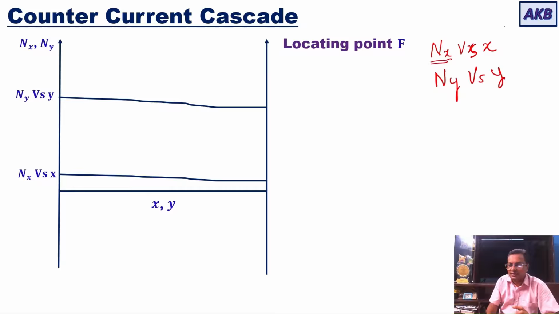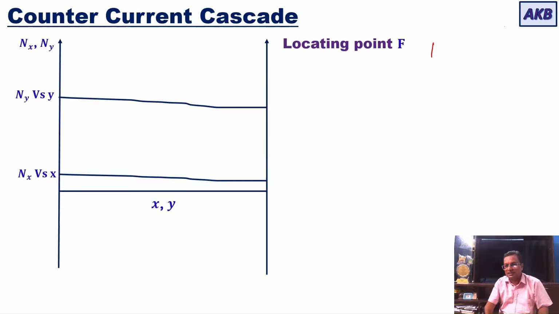And if the overflow is not containing any solids in it, that is all Nx are 0, in that case Nx versus X curve will coincide with the x-axis. But in order to have a complete discussion, I am showing this curve. But in actual applications, this curve will be coinciding with the x-axis, so you don't have to worry about it.